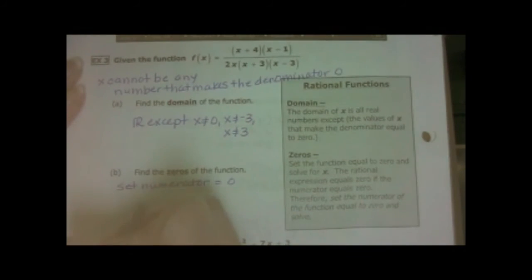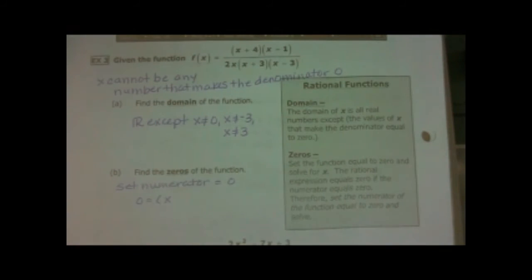So here's what I've got: 0 equals x plus 4 times x minus 1. This is already factored for us.